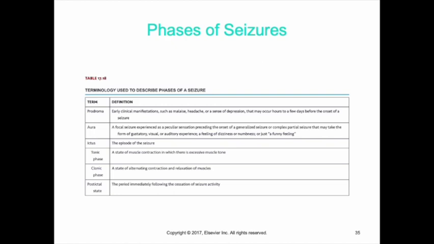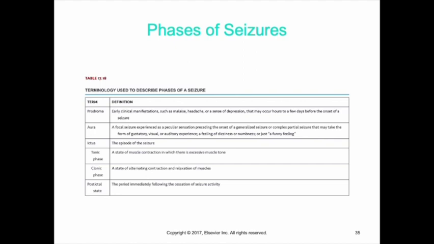The prodromal phase of seizure, this is when you might notice early clinical manifestations, such as malaise. Your patient may complain of headache, become depressed, and this can be a few days prior or even can happen a few minutes prior as well.